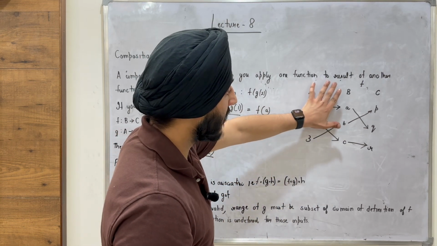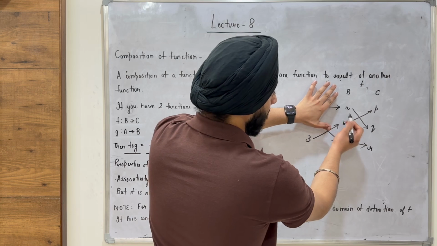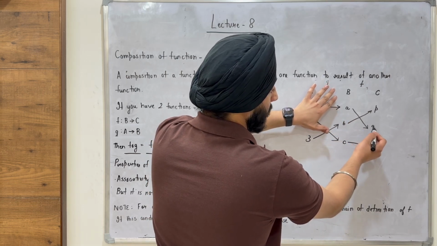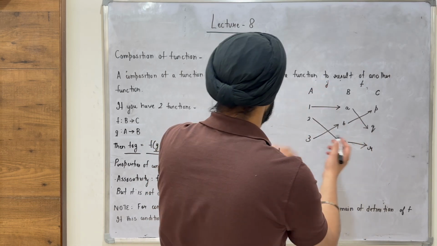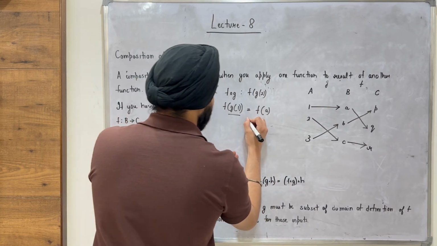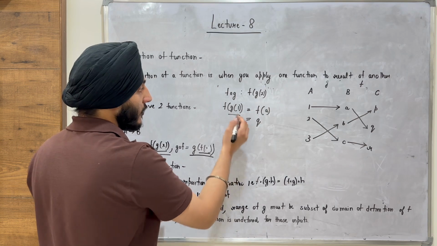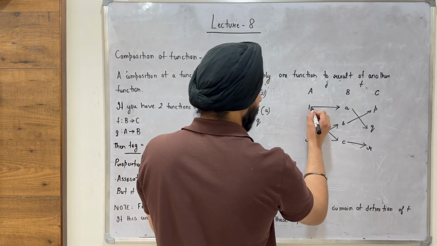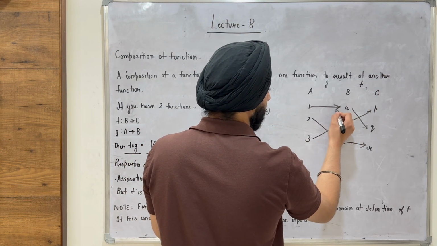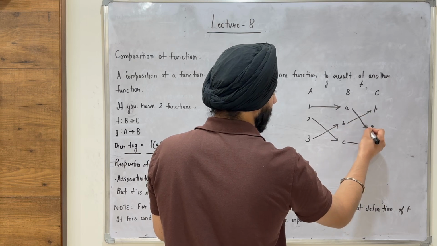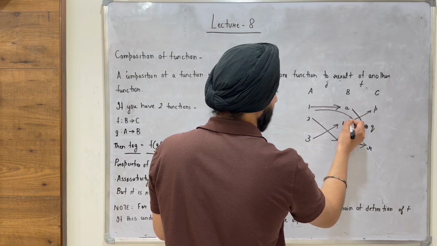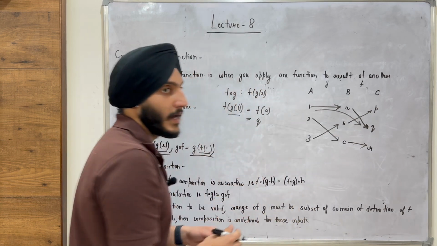Now I can cover this function and say that a points to q. So f of a is going to be q, and my final answer is q. So I started with 1, 1 goes to a, and then a goes to q. So it's kind of going this way.